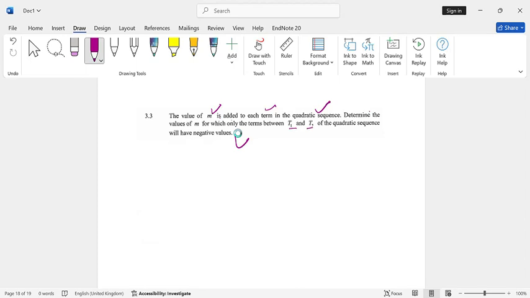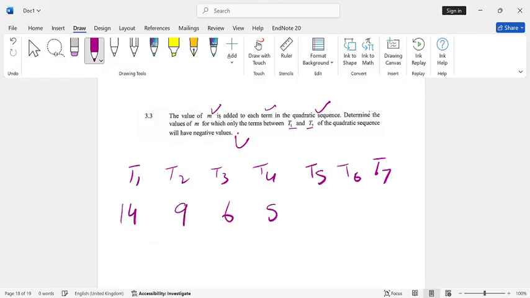Like you have in a sequence T1, T2, T3, T4, T5, T6, and T7. All right. So we have values 14, 9, 6, 5. Now these values become 6, 9, and 14.